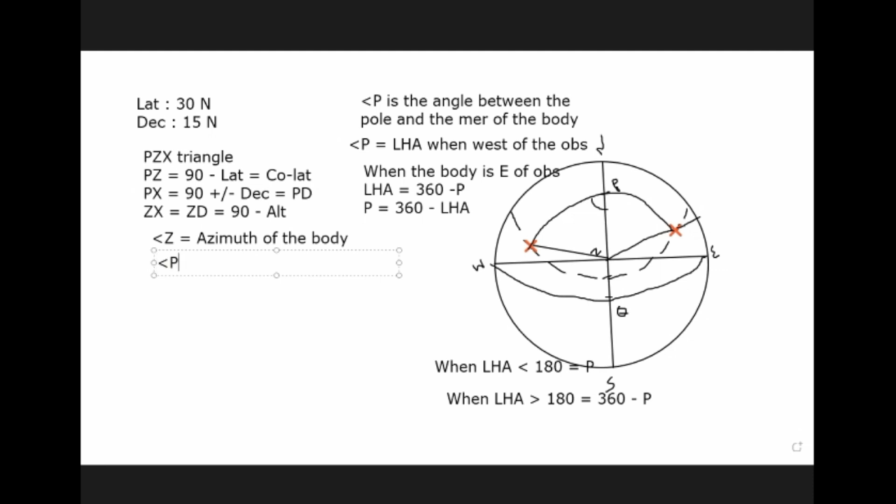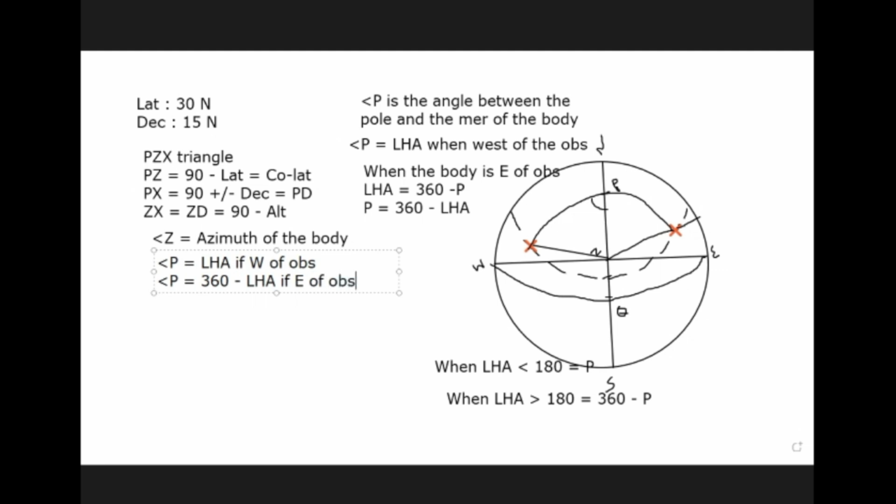Angle P is equal to LHA if west of observer, and angle P is equal to 360 degree minus LHA if east of observer.